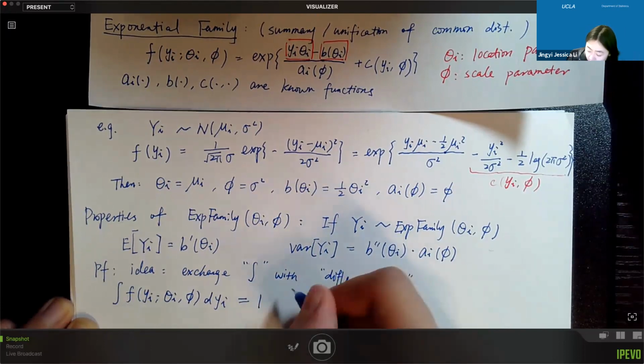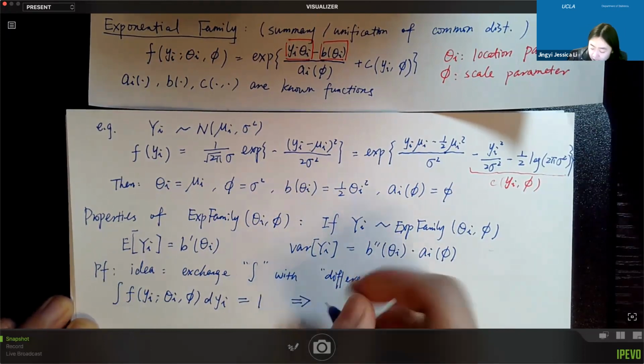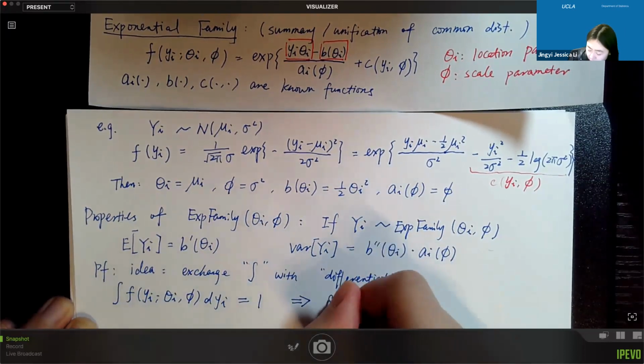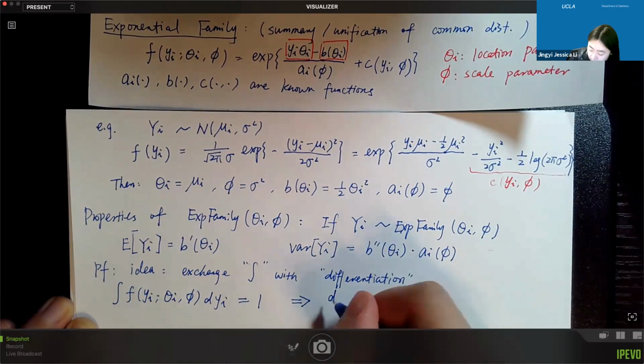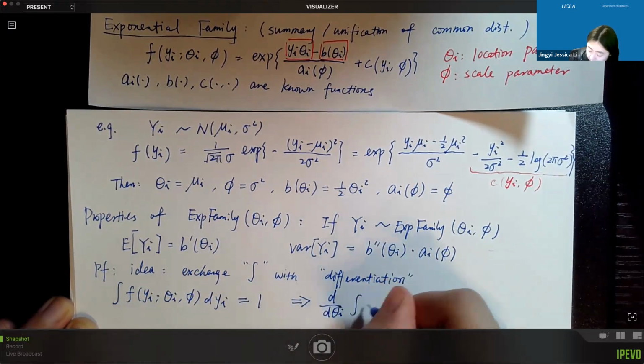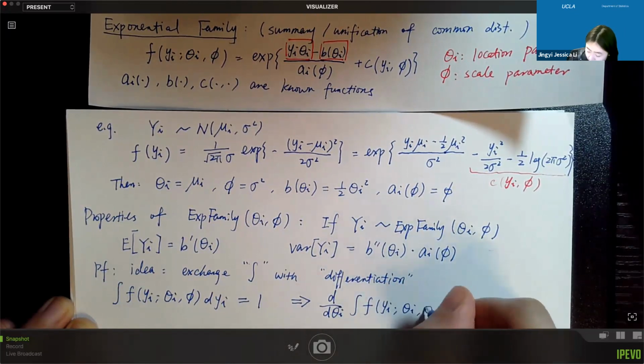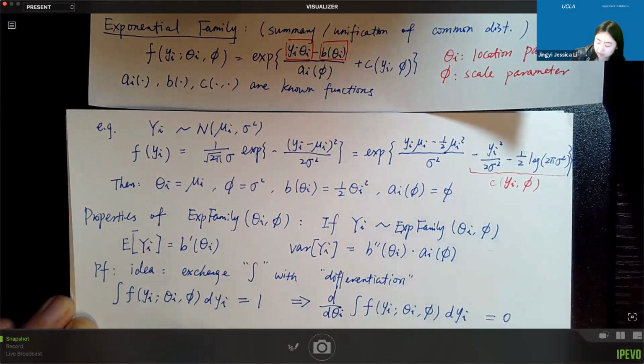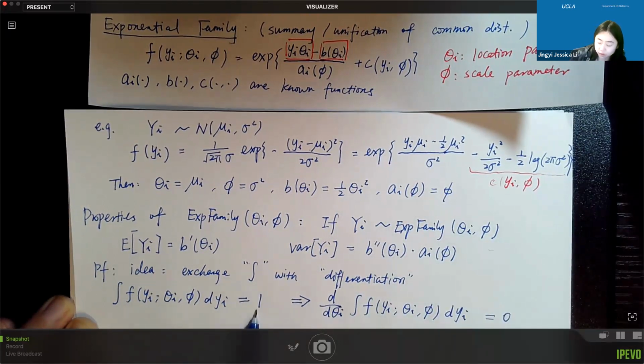Now if we take the derivative of this integral against theta i, then of course we are going to get 0 because it's equal to 1, right? The derivative of 1 against anything is 0.